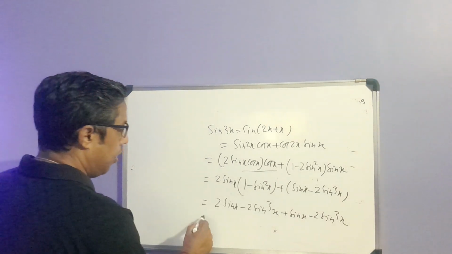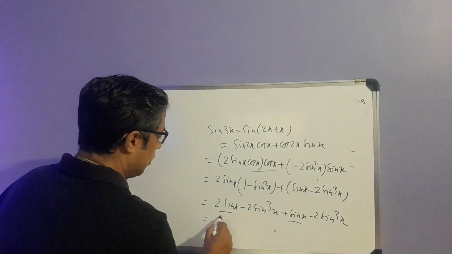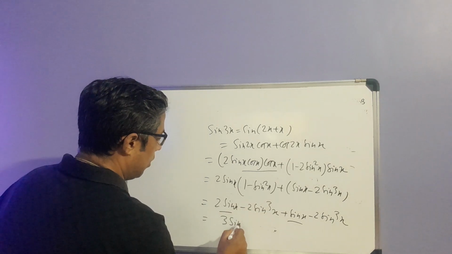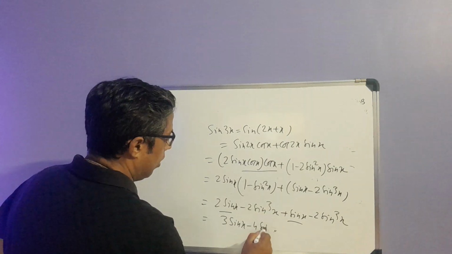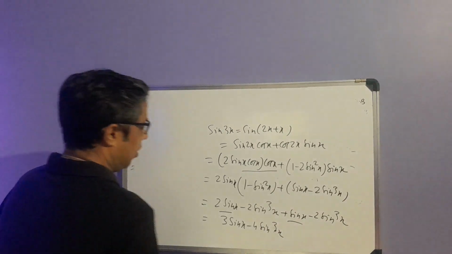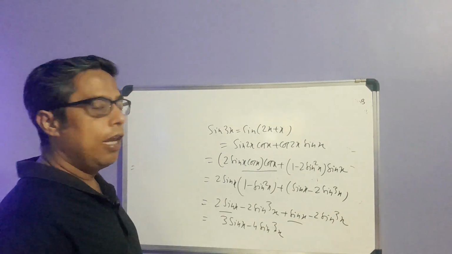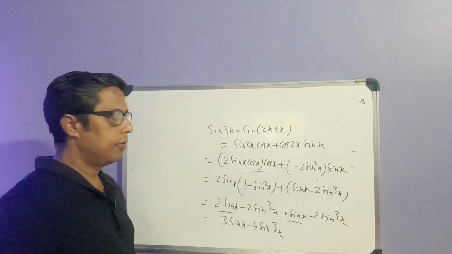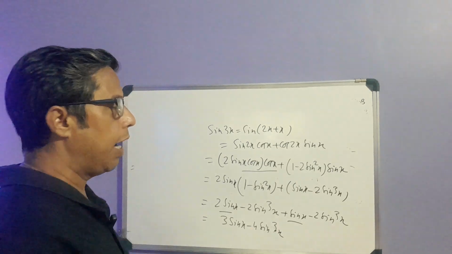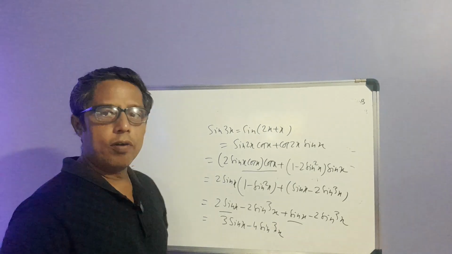So it will be 2 sin x plus sin x, 3 sin x minus 4 sin cube x, right? So any formulas you can just derive. You don't have to remember, and the more you practice, the more confident you will be.